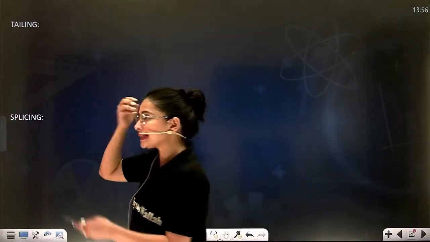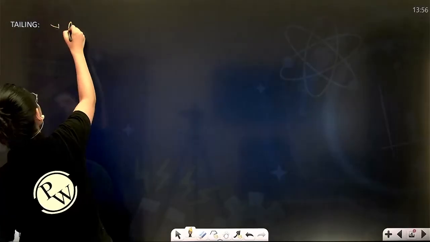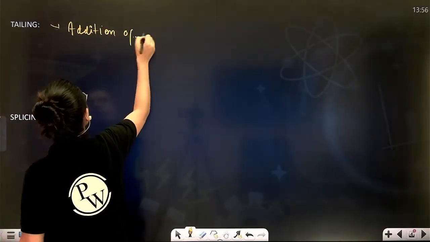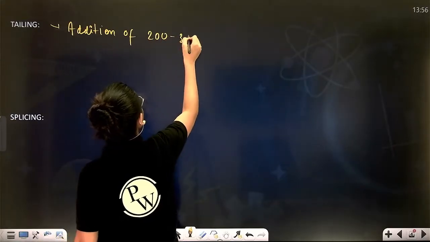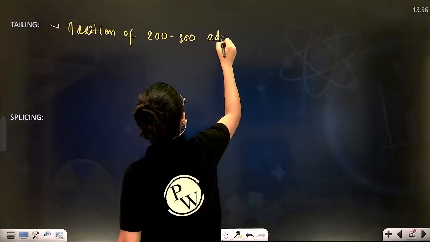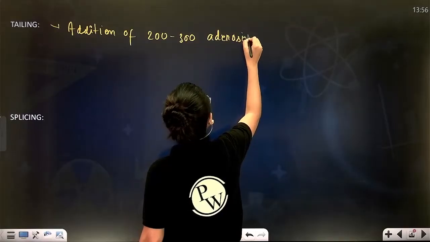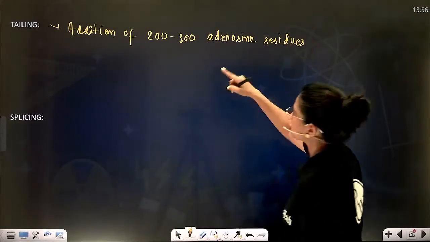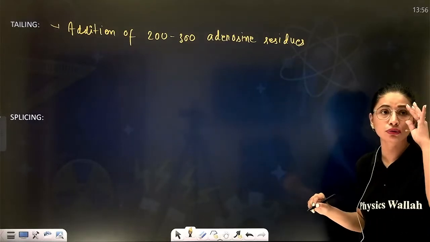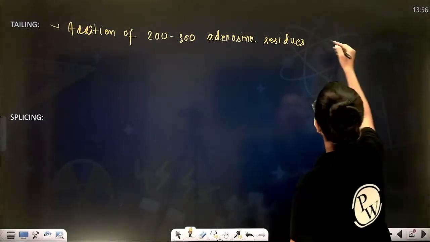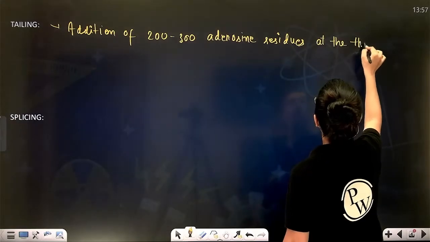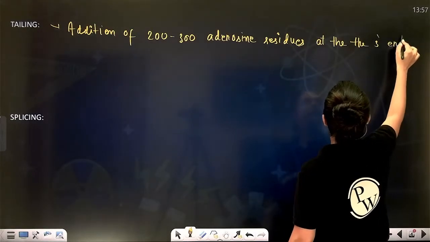Right? So what is tailing? Tailing simply means, beta, addition of 200 to 300 adenosine residues. It ensures addition of 200 to 300 adenosine residues at the 3' end.